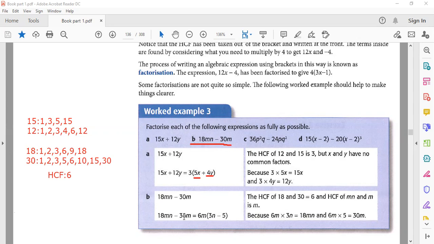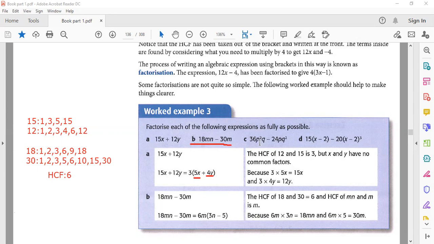Not only a digit, you also take common from any variable or any alphabet as well. So I just take m and 6 common. 6 3 times 18, so 3n is left, and minus 5, because 6 5 times 30.